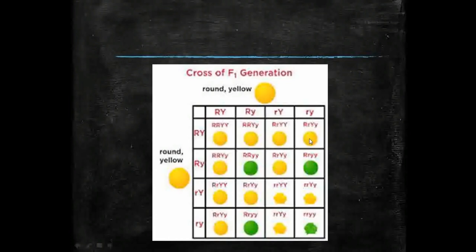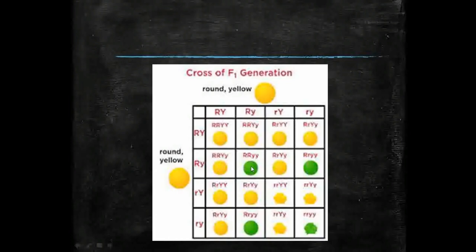Now again we will get capital R, capital Y, small y. As round and yellow are dominant, we again get yellow and round. In this case also we get the same capital R, capital Y, small y, which is also a round and yellow seed.